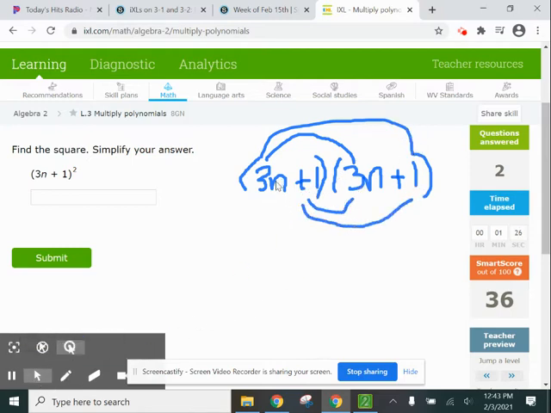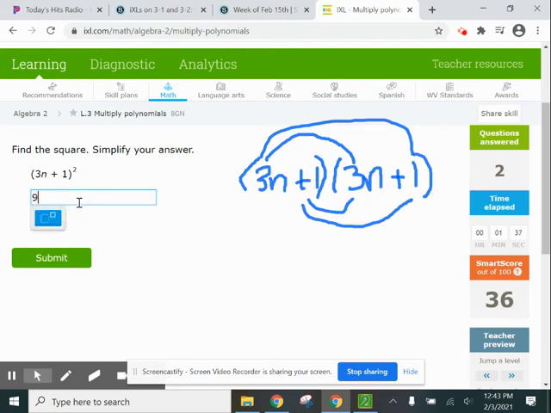So when you multiply 3n times 3n is going to be 9n squared. 3n times 1 is 3n, and 1 times 3n is another 3n, so that's actually going to make 6n. So I have 9n squared plus 6n, and then my 1 times 1 will give me a plus 1 at the end.